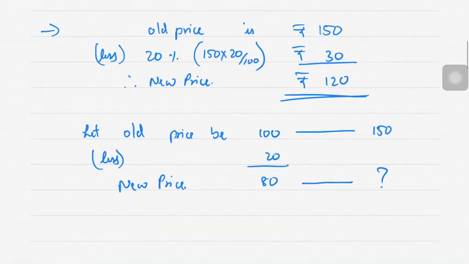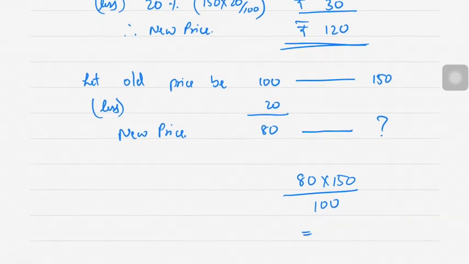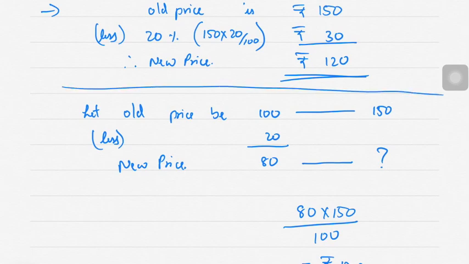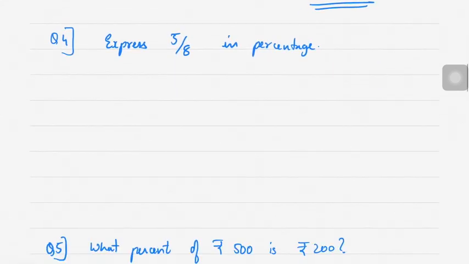So cross multiply. When you cross multiply, you will do 80 into 150 upon 100. So you will get rupees 120. Correct? This is other way to solve the same problem. You can choose any way. Okay? Let's see the next question.